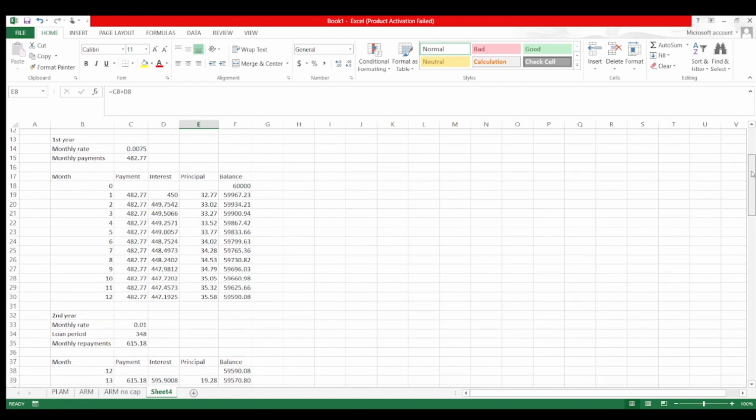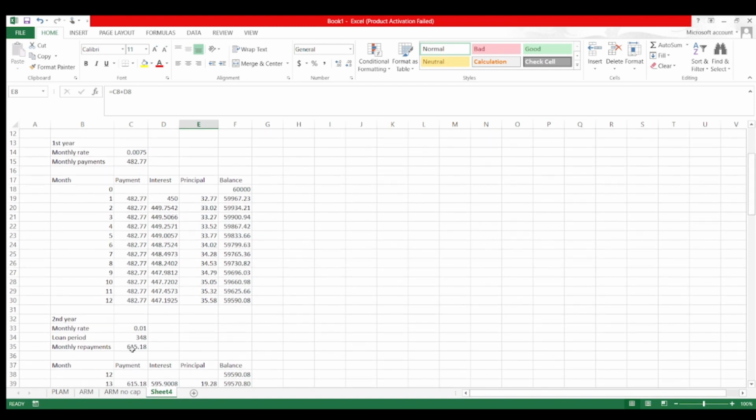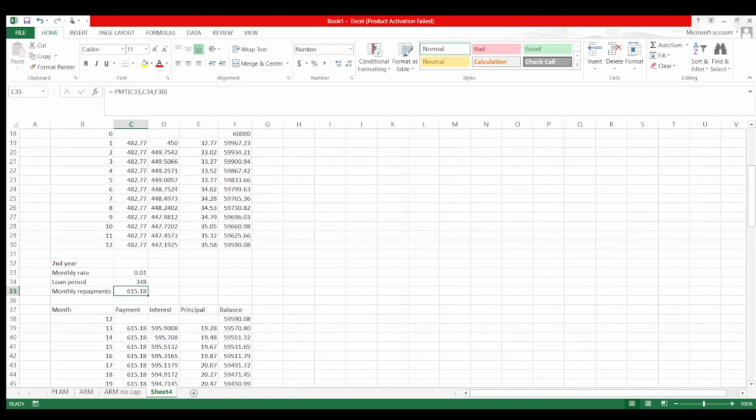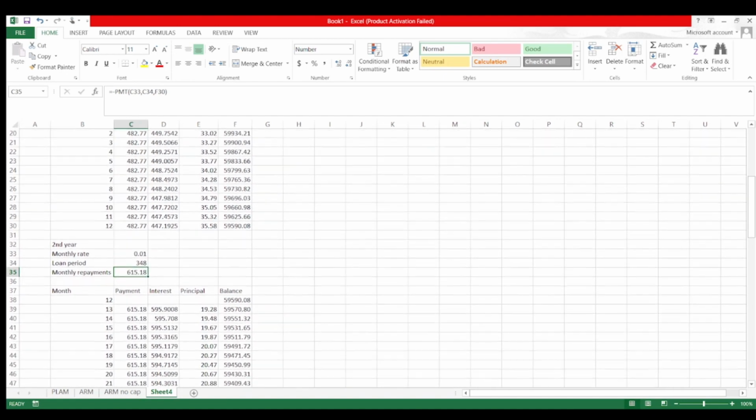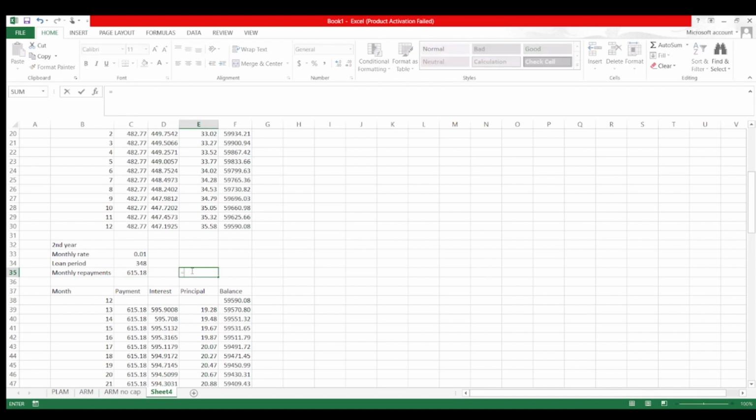So for example, here in the second year, the monthly payment which is supposed to be made is 615.18. However, this amount is greater than a 7.5% increase from the previous payment.